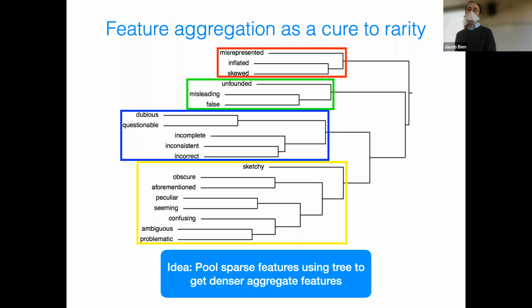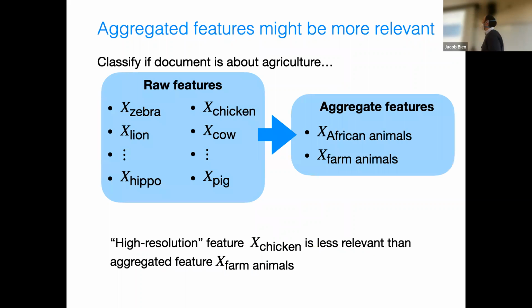I also want to make the point that these aggregated features are not just a fix because the raw ones are too rare and too difficult to work with. It could actually be the case that aggregation is the proper thing to do. Imagine your raw features, like on the left here, are counting how many times individual animal names were used in this document.